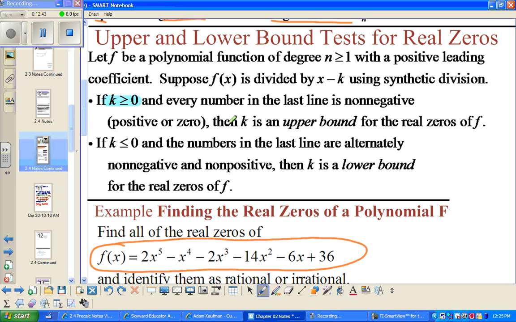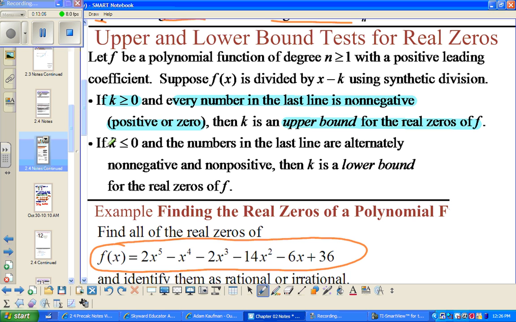If in the last line of your synthetic division every number is non-negative, so either 0 or positive, then there are no zeros to the right of the number that you tested. We call that an upper bound for the real zeros of the function.